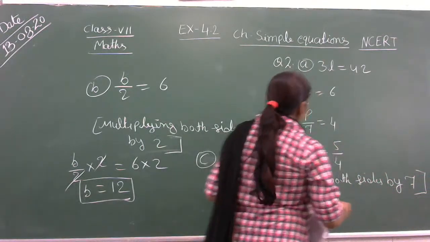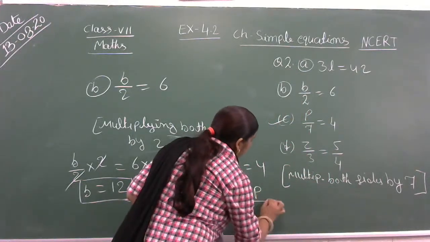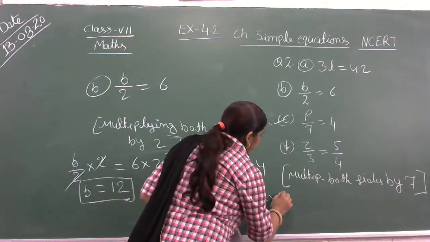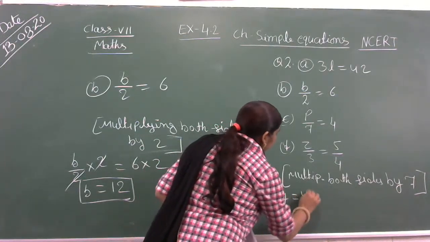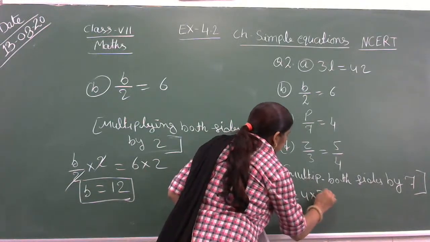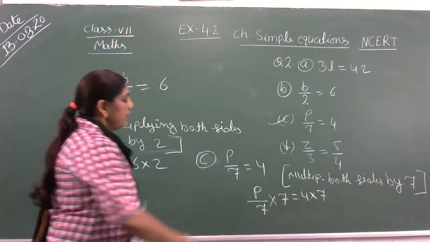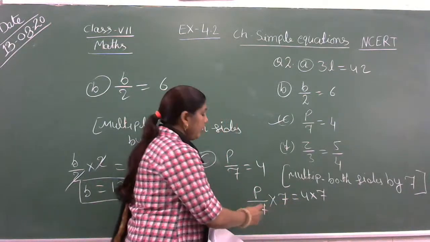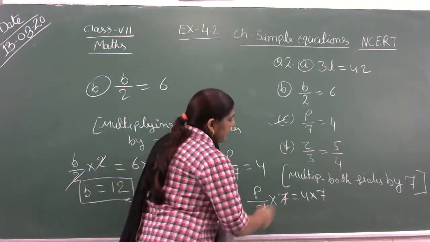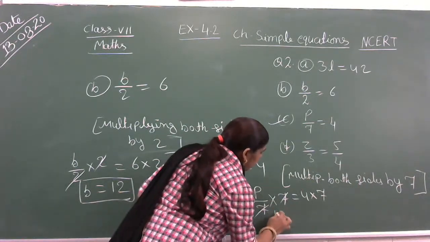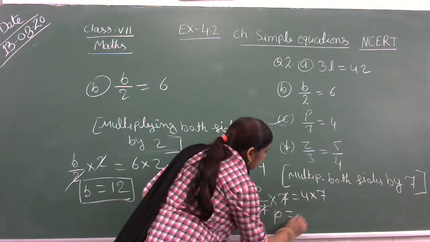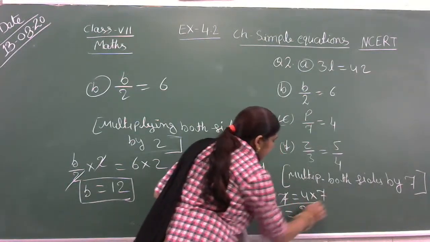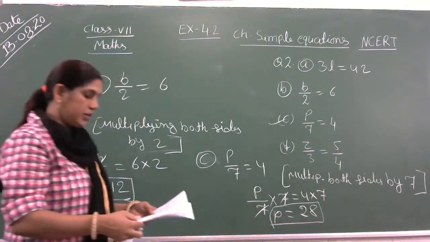Multiplying both sides by 7. So p upon 7 multiplied by 7 equals 4 into 7. You have to multiply both sides. So the 7s cancel. P equals 28.